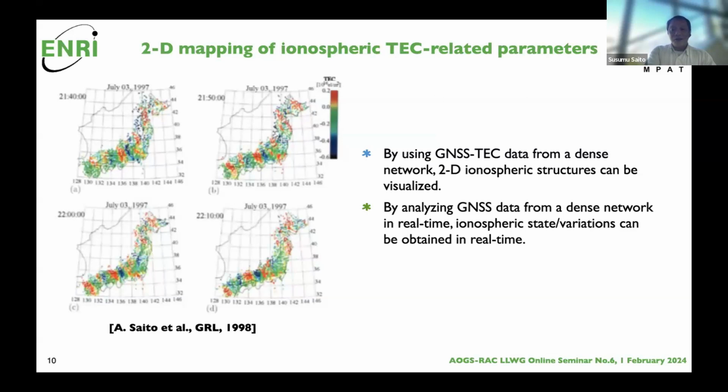They used the dense GNSS network over Japan and showed that medium scale traveling ionospheric disturbances, or MSTID, can be very clearly visualized.